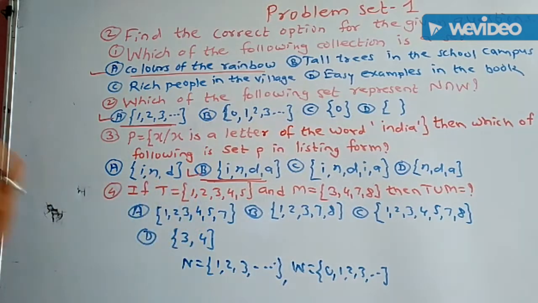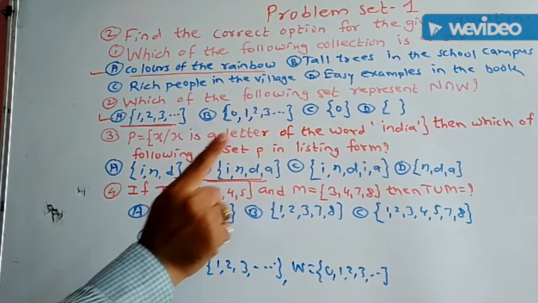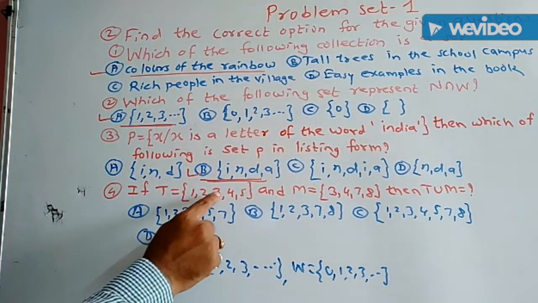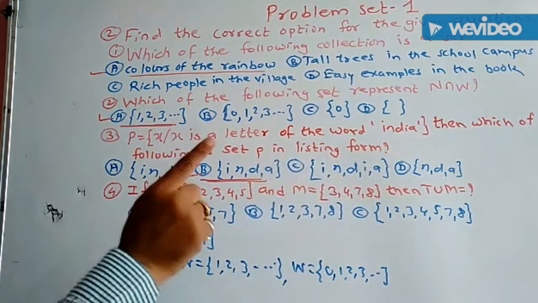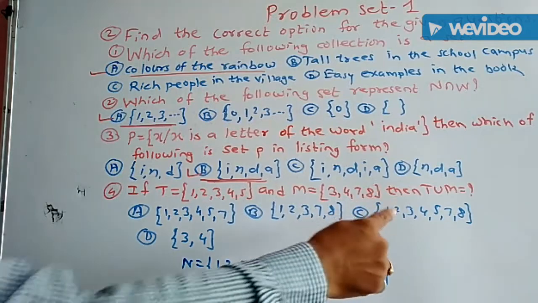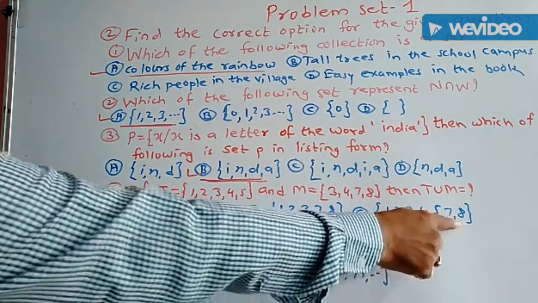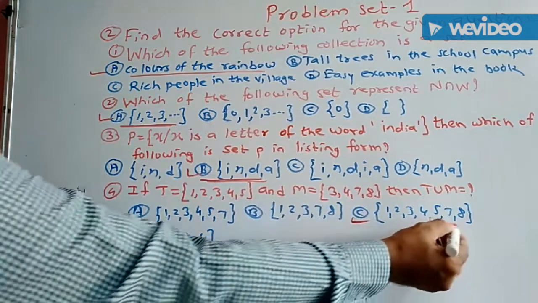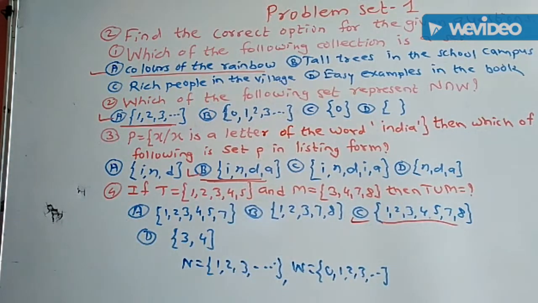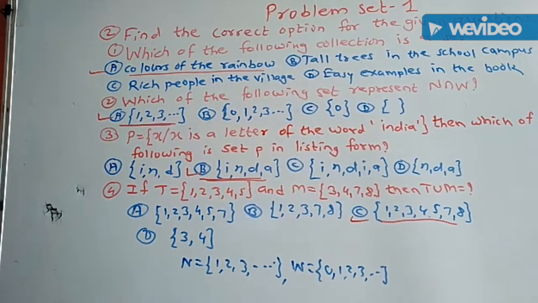Therefore T union M is 1, 2, 3, 4, 5, 7 and 8, which is given in option C. Therefore our correct option is C.